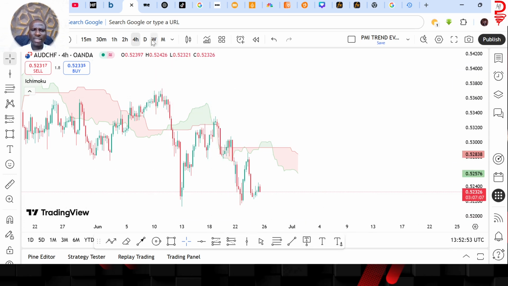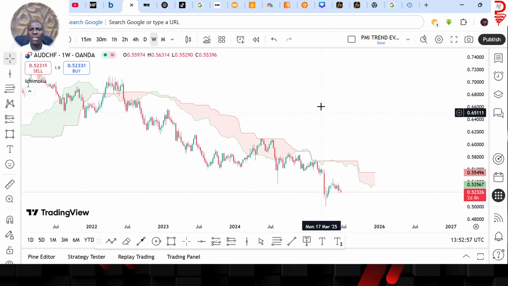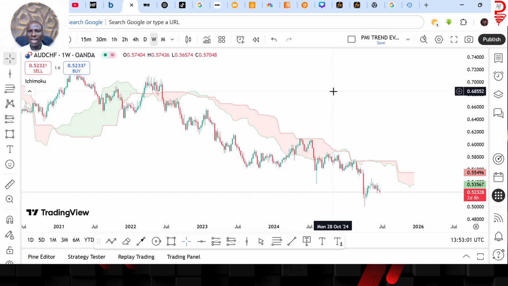Let me clear this. Let me take it to the weekly chart so that you can see for yourself what I'm talking about. Now, just take a look. I'm going to go back as far as I can into the past so that you will see how this particular currency pair plays out.